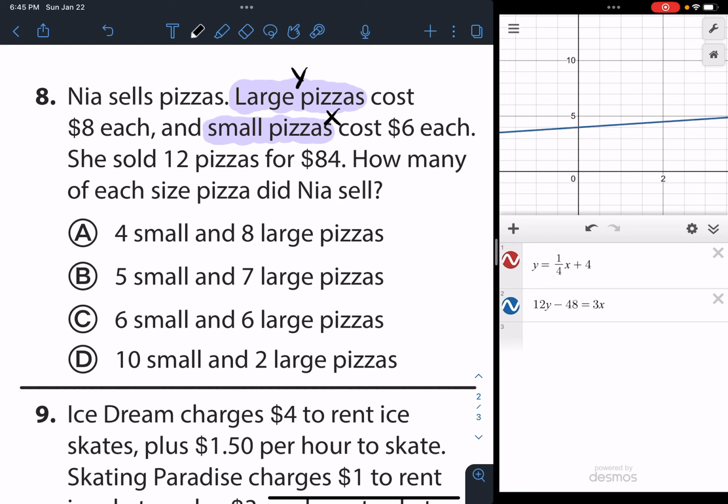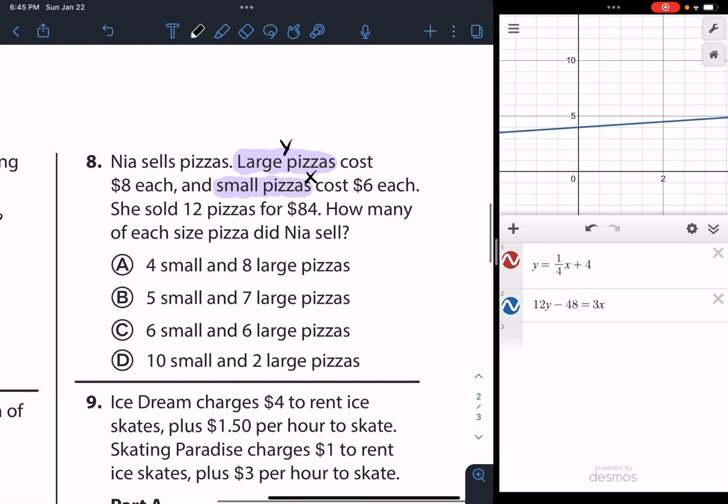Okay, for our two equations, it's going to be a little interesting, so bear with me. You need a pizza equation without money, so small pizzas plus large pizzas is going to equal the total amount of pizzas that she sold. Well, the total amount of pizzas that she sold was 12.